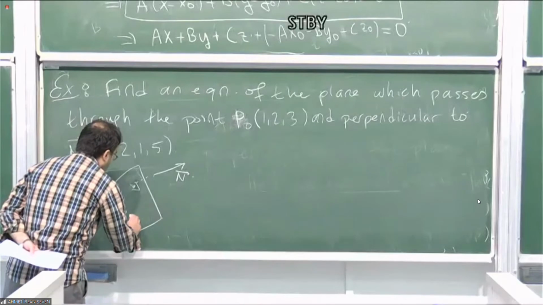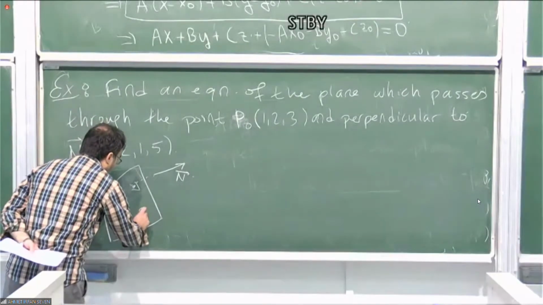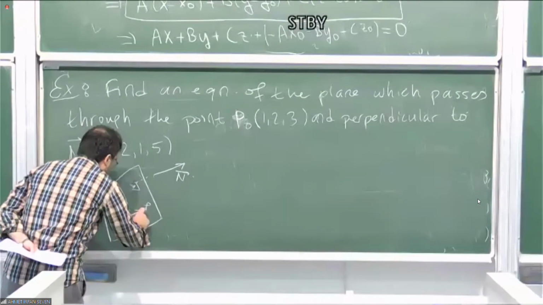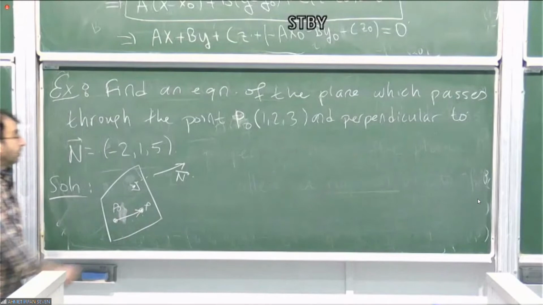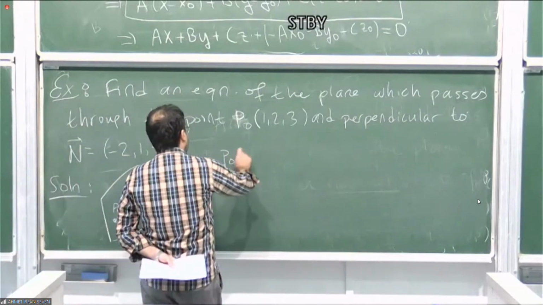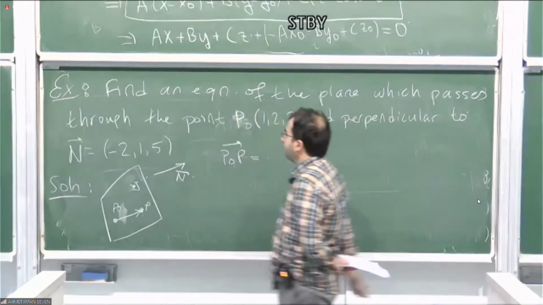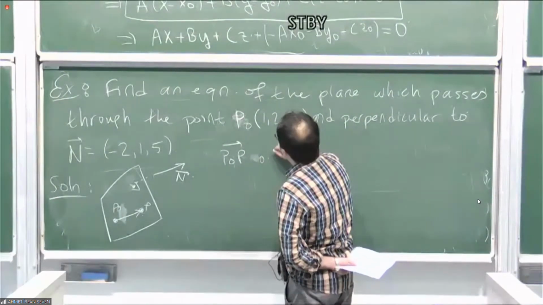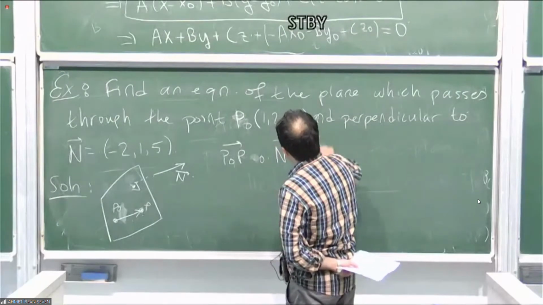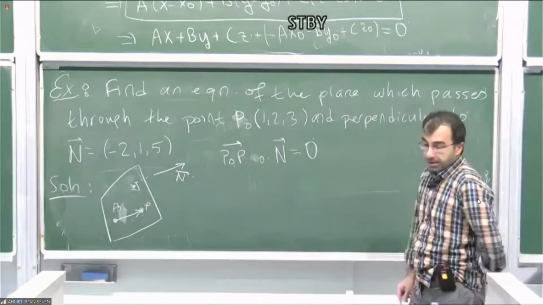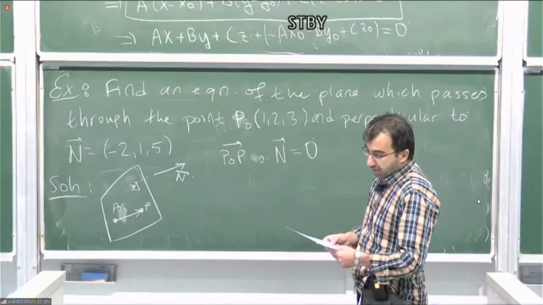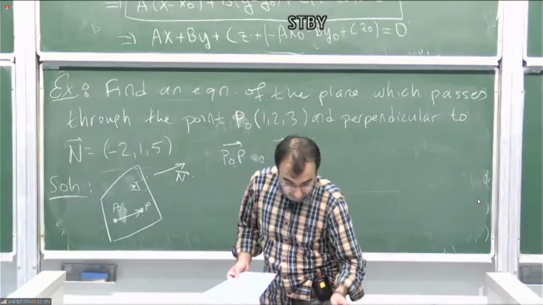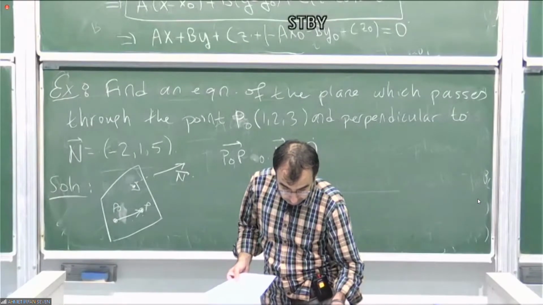Again, I consider a typical point P here, and I consider this vector from P0 to P. This will be perpendicular to this n, and perpendicular means for us the dot product is 0. I write this dot product.